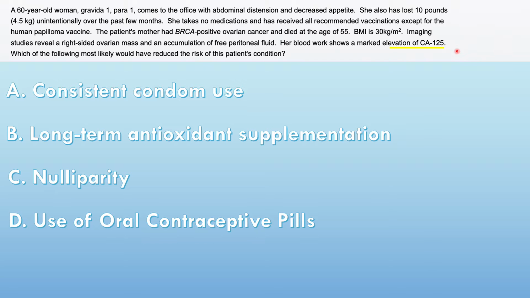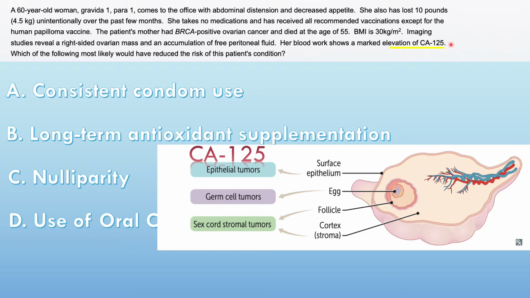Now, if you haven't already figured out, guys, CA-125 is a marker for epithelial ovarian cancer. Remember, guys, that ovarian tumors are classified into epithelial tumors that come out of the surface epithelium, germ cell tumors coming out of the egg, and sex cord stromal tumors coming out of the follicle and the cortex, like the granulosa cells, theca cells, and fibroblasts in the cortex.